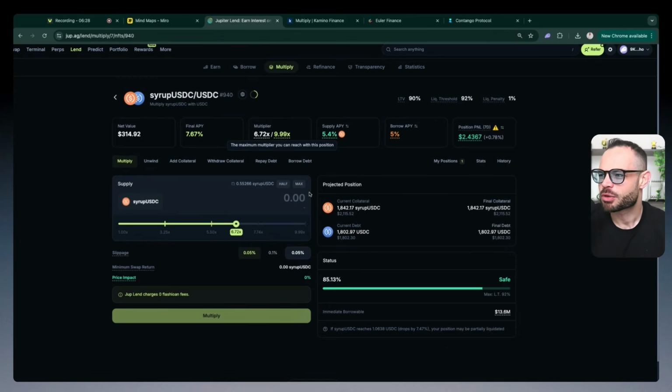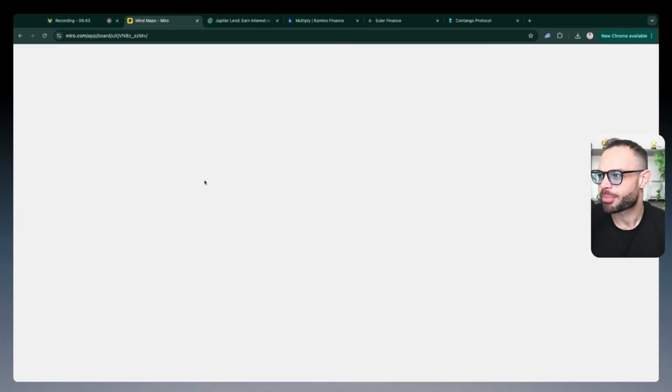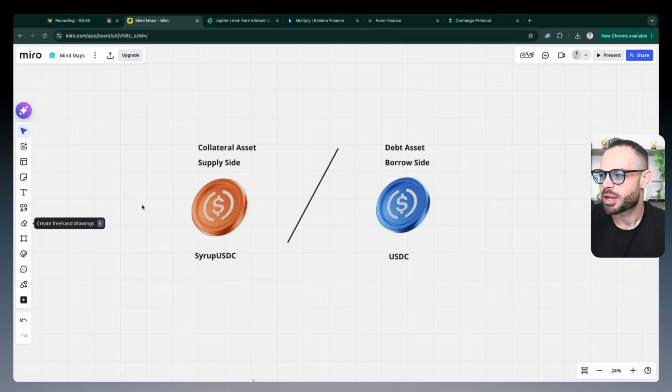Okay, so hopefully the crux of the strategy is making sense to you here, but you can run this across many different protocols. Again, effectively all you're doing is increasing your exposure to that interest rate arbitrage. Again, what happens if this goes against you? Remember, if you have a positive net APY with that interest rate arbitrage, it's great because you're multiplying your exposure to that positive interest rate.